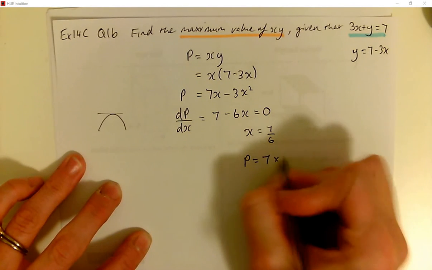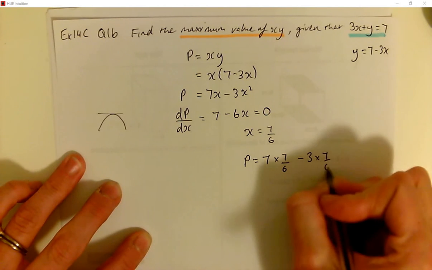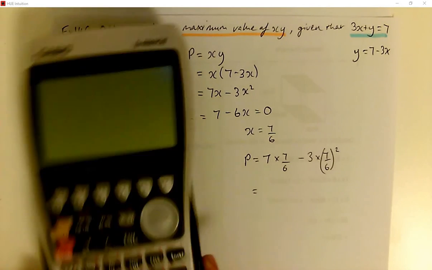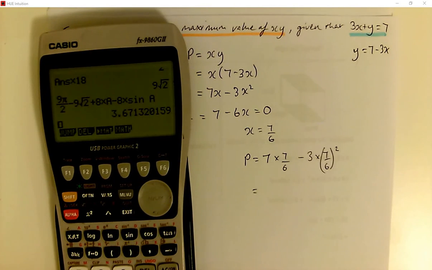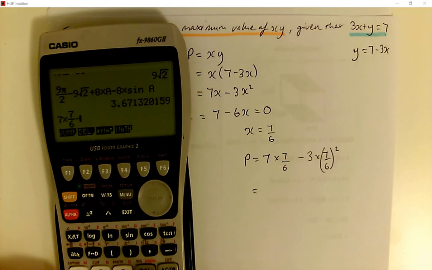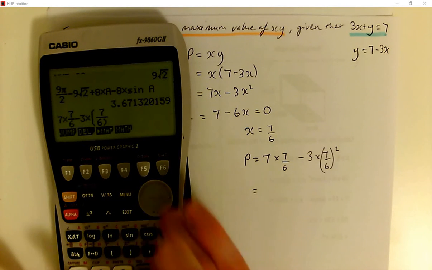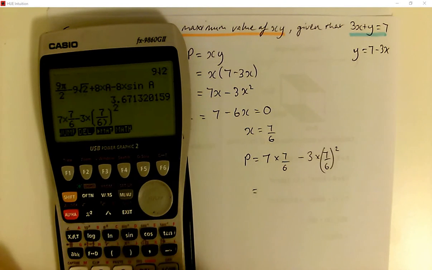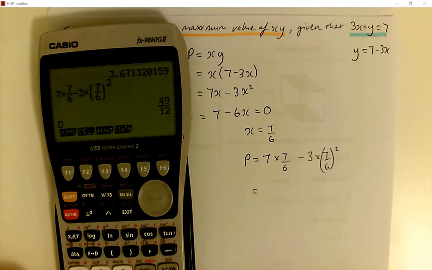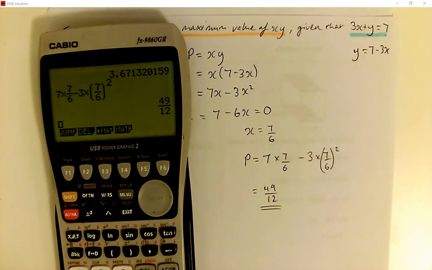So 7 times 7 over 6 minus 3 times (7/6) squared. I'm definitely using my calculator for that, so I can't be bothered to do it in my head. There we go. So we get 49/12, and that's our answer.